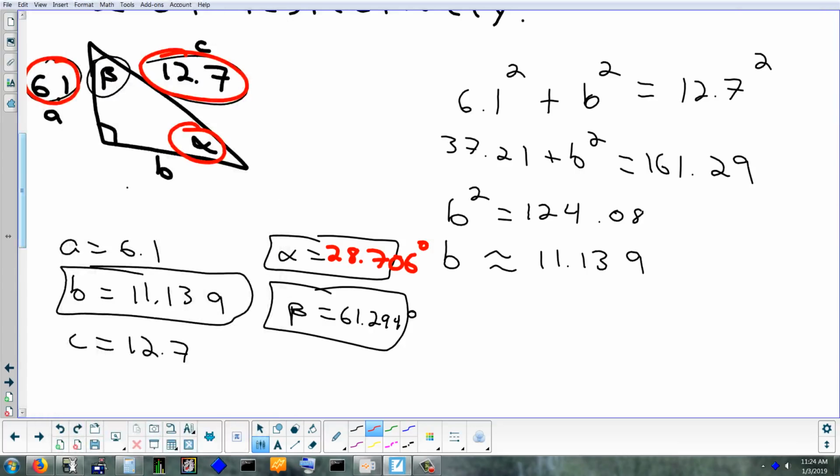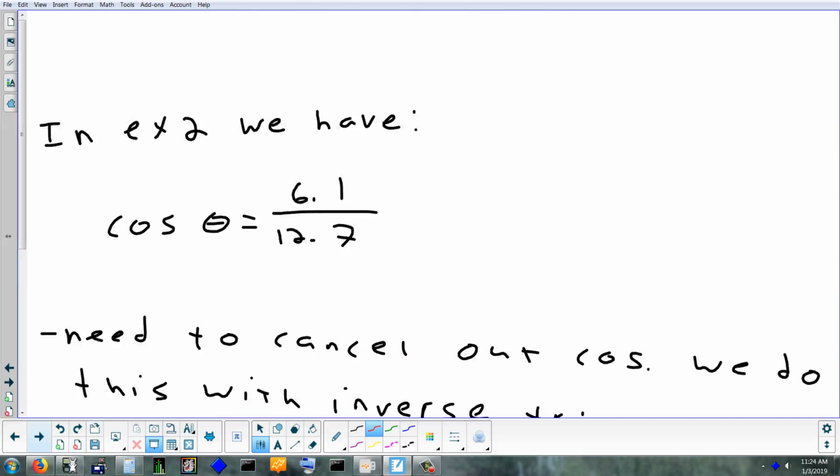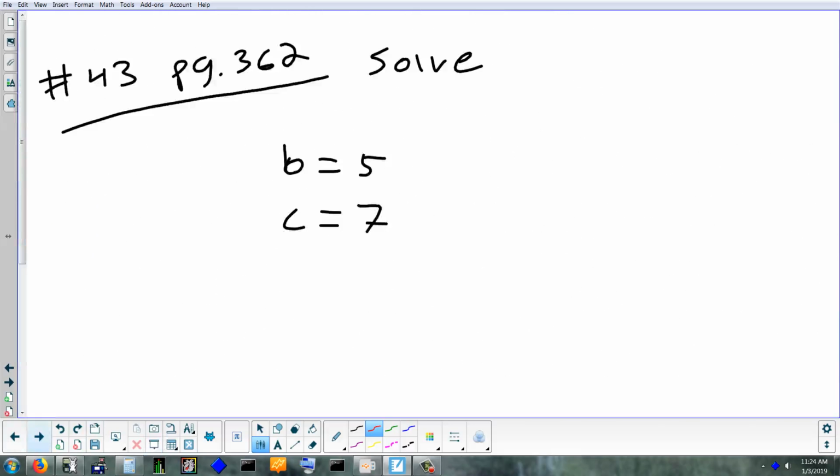Okay, so any questions on that? All right, so you only have to use inverse trig if you're trying to find an angle. That's the only time you use it. Otherwise, if you're trying to find a side, you use regular trig. Or you can use Pythagorean theorem if everything is given. All right, so we went through that. This is another one with two sides.